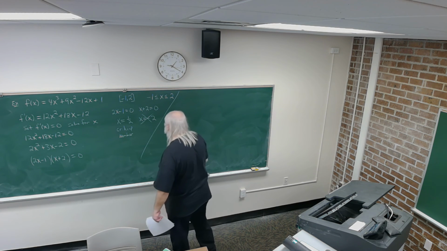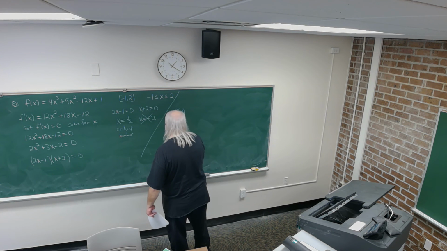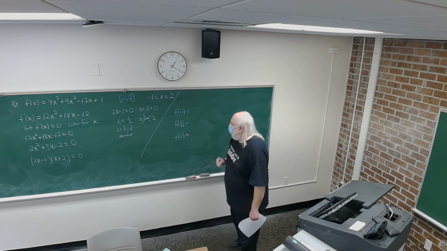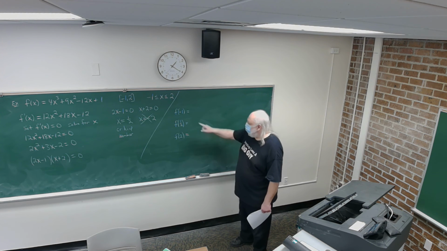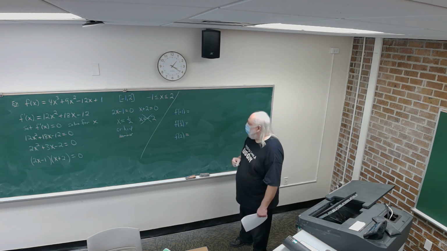So I have f of minus 1, f of 1/2, and f of 2. You don't have to write them out in this order; you write them out in any order you want. But we have to evaluate the function at the left endpoint minus 1, the right endpoint x equals 2, and the one critical number in that interval, x equals 1/2.